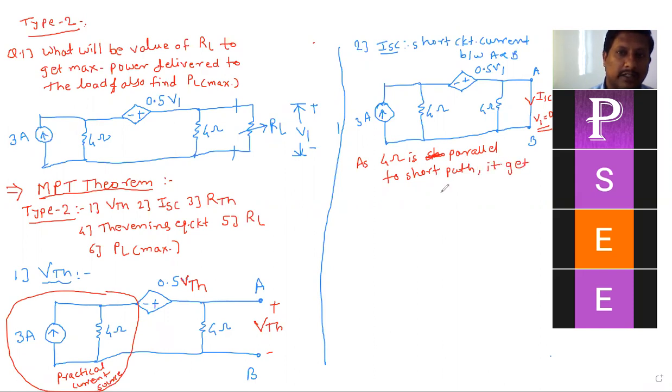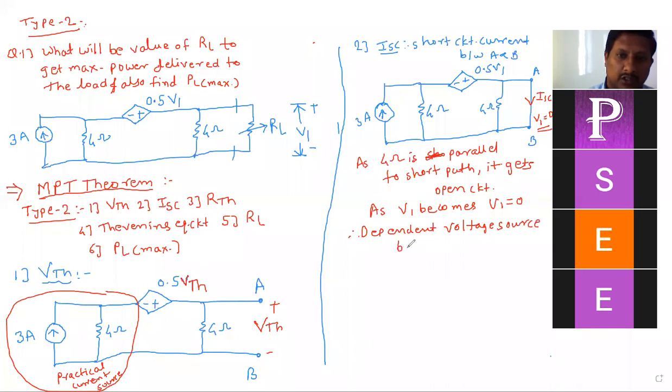It gets open circuit. Now as V1 becomes 0, V1 equal to 0, the dependent voltage source becomes short. Dependent voltage source becomes short.